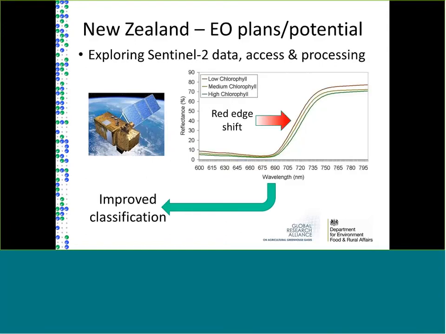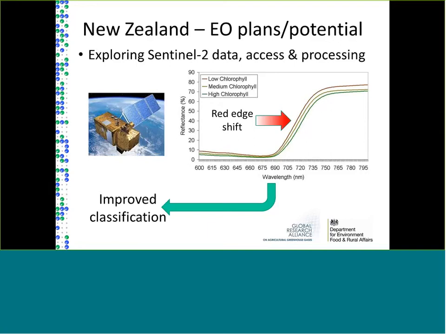Sentinel-2 also is being evaluated because it offers the ability to discriminate a different physiological response to increasing amounts of chlorophyll concentration than is normally used, because it has wave bands at about 700, 720 and 730 nanometer wavelengths, which here on this graph you can see is critical.